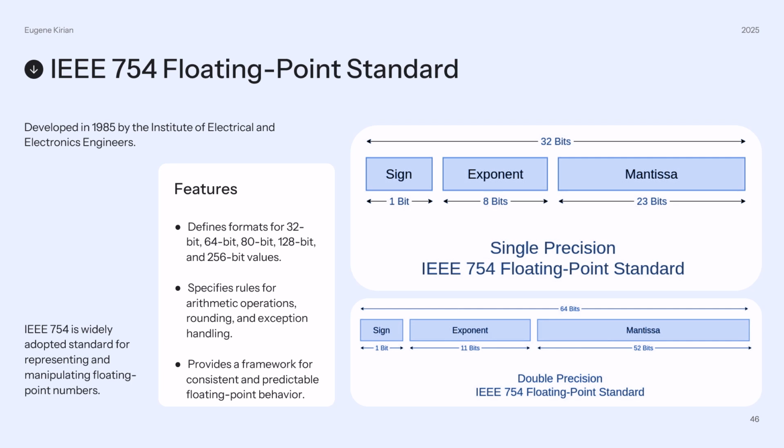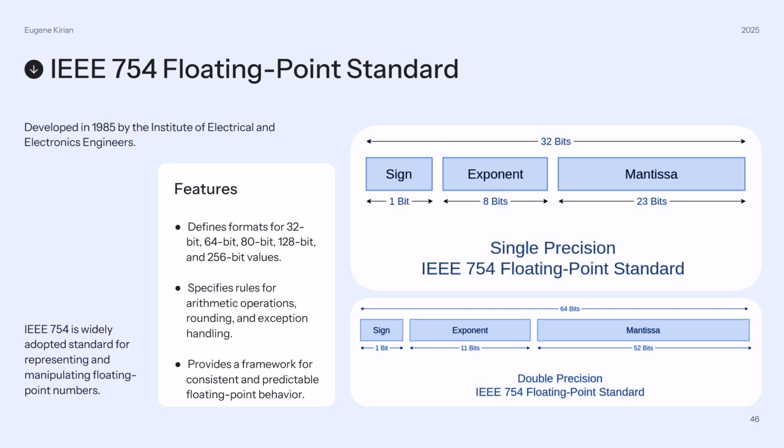One of the key features of IEEE 754 is that it defines formats for floating point values of various sizes, including 32-bit, 64-bit, 80-bit, 128-bit, and 256-bit values. This allows for flexibility in representing numbers with different levels of precision. The standard also specifies rules for arithmetic operations, rounding, and exception handling.